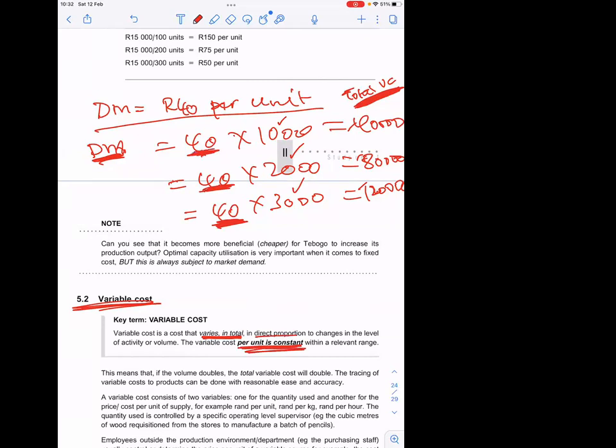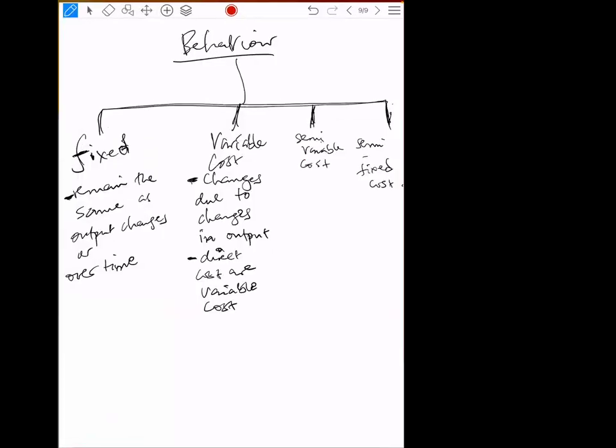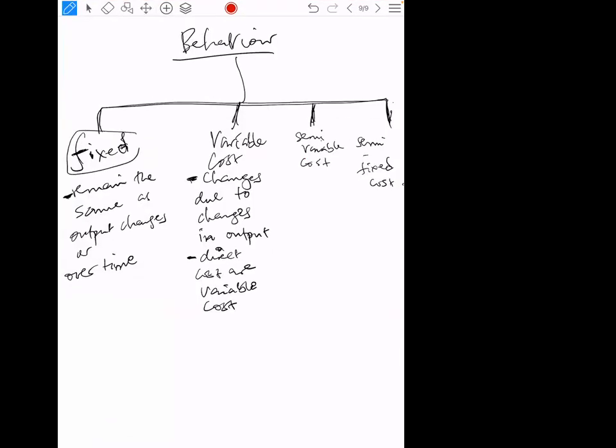We see that now per unit, it's the same. What is changing now is the total variable cost. As output increases, this cost will increase. As output decreases, this cost will decrease. So why are we here? We're talking about the classification of cost according to behavior, and we're getting to understand the difference between the fixed cost and the variable cost.